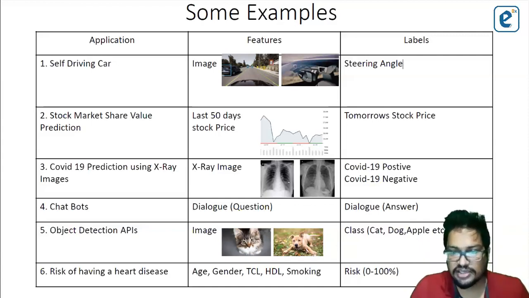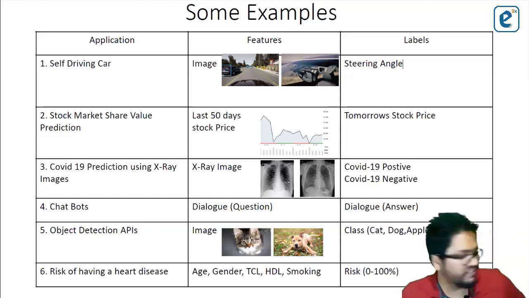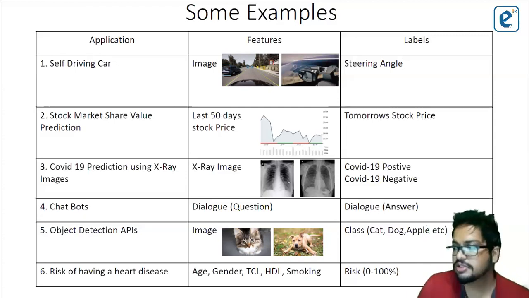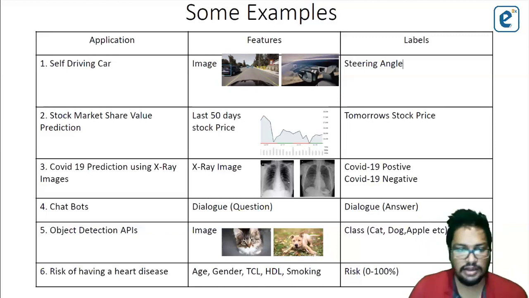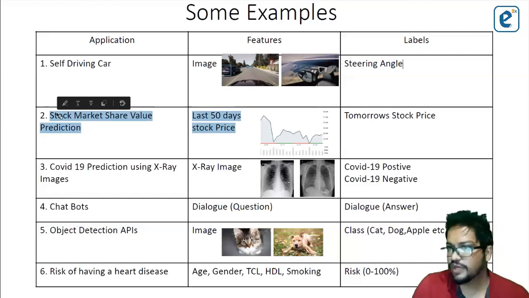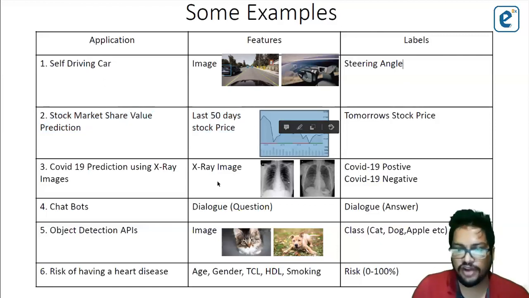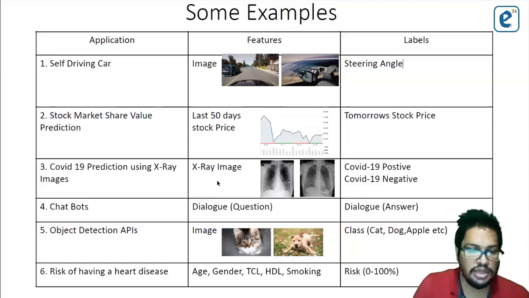Then the features will be the last 50 days' stock price, and the label will be tomorrow's stock price that we are going to predict. Don't worry, we are going to do stock market value prediction in this course as well, most probably in the 6th week under recurrent neural networks. I'm just giving you the overview to make you familiarize with these concepts.